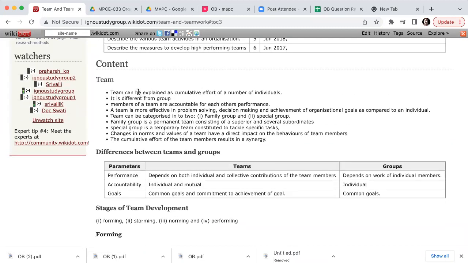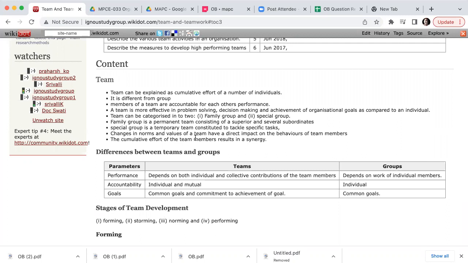To give a very brief point on what a team is, I'll not go through all the points. Basically, a team is people coming together to solve or achieve a certain goal, an organizational goal in the context of an organization. They combinedly solve problems, take decisions, and make sure the organization goes towards its goals.